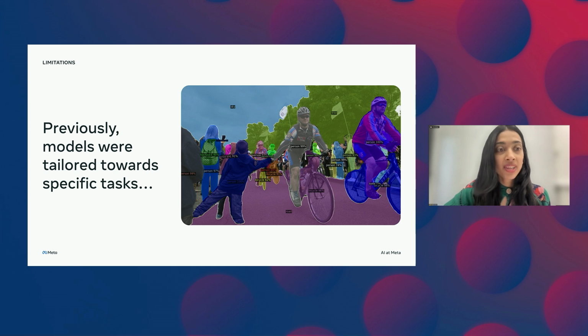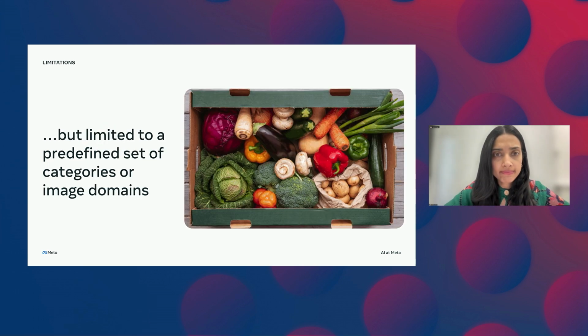Previously, models were very tailored to specific tasks. So the dominant paradigm was to have models that could excel for specific object categories like pedestrians or cyclists. And they worked really well in these very specific use cases.